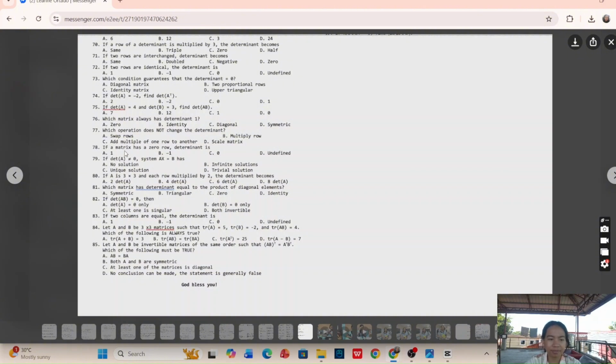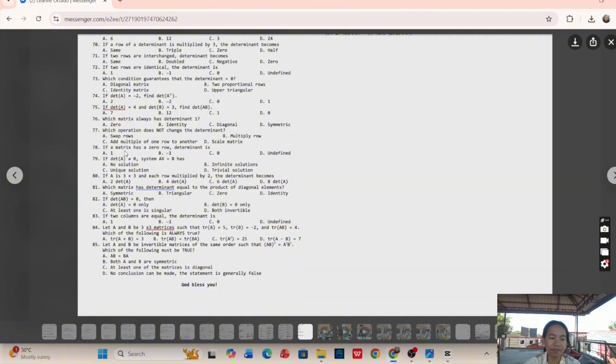Number 78. If a matrix has a zero row, determinant is. So if a matrix has a zero row, it is obvious that the determinant is 0. So the answer is letter C. Number 79 question.